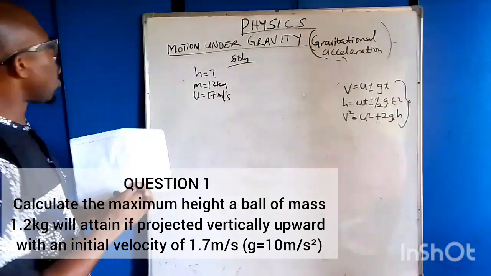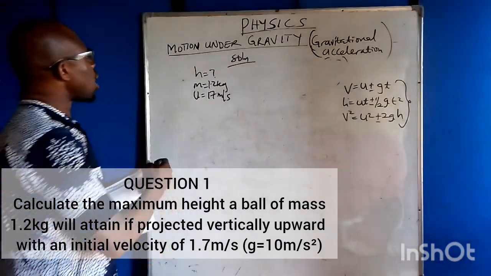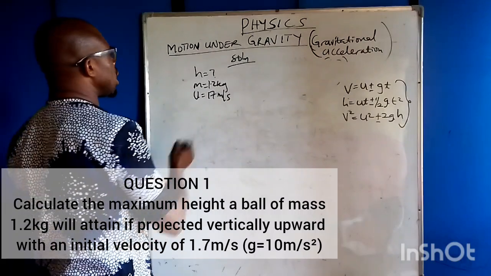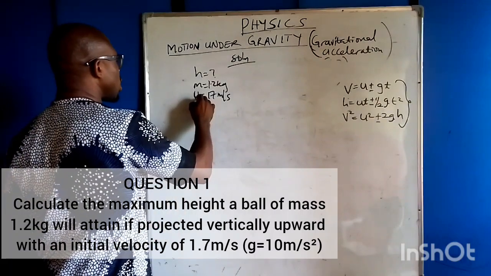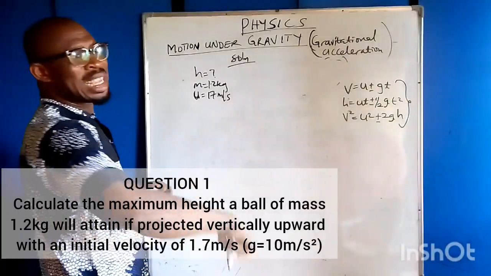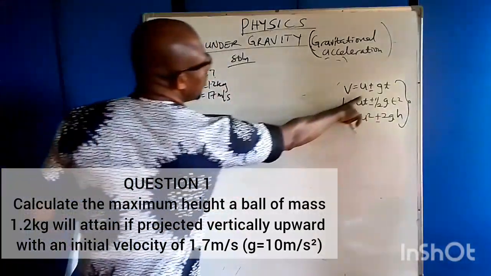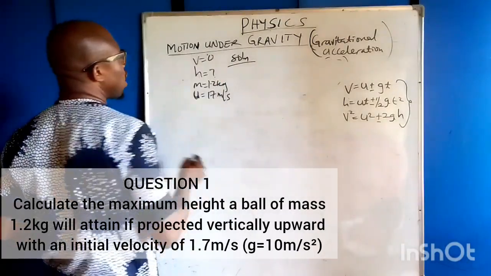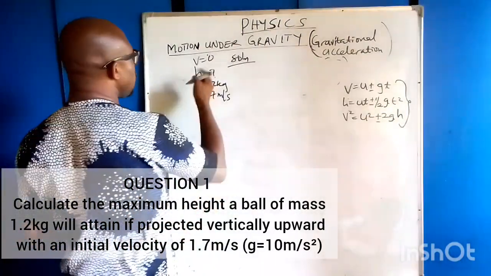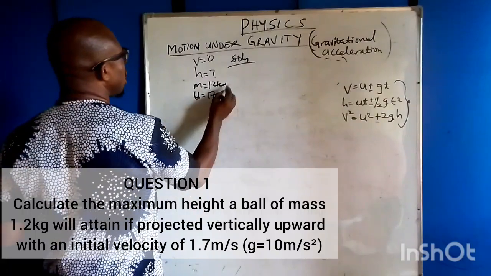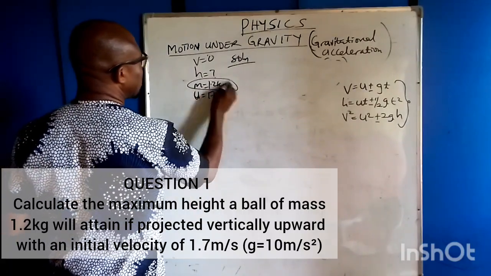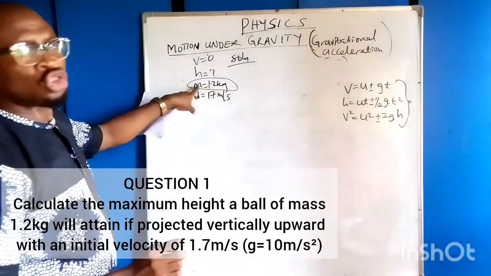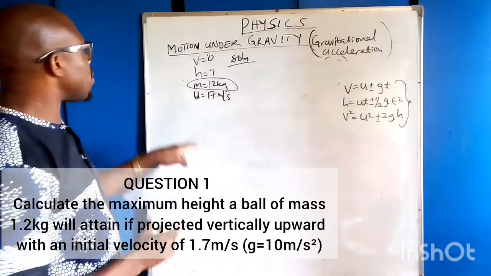Now, given this, because the initial velocity is given like this, the moment it attains that maximum height, v becomes 0. At maximum height, v is 0. Even though the mass is inconsequential here because we don't have anything to do with the mass, we drop the mass.